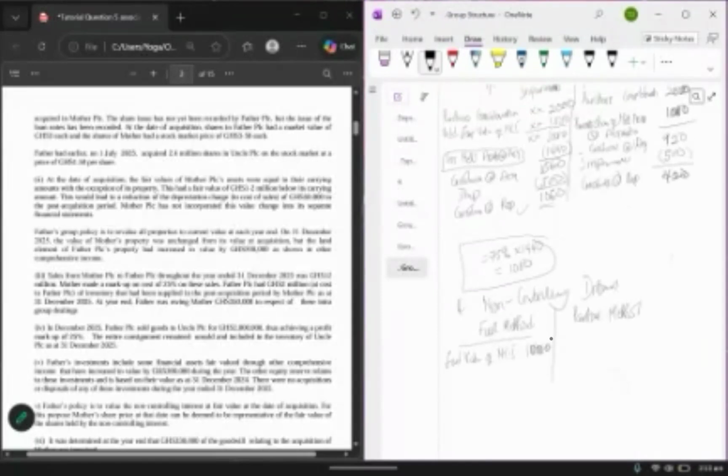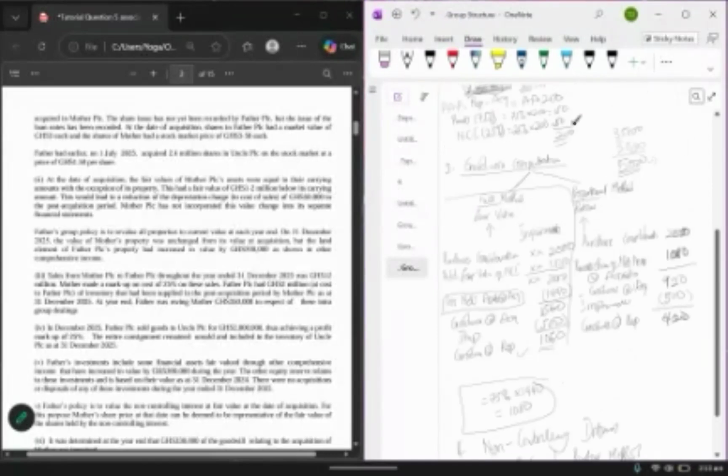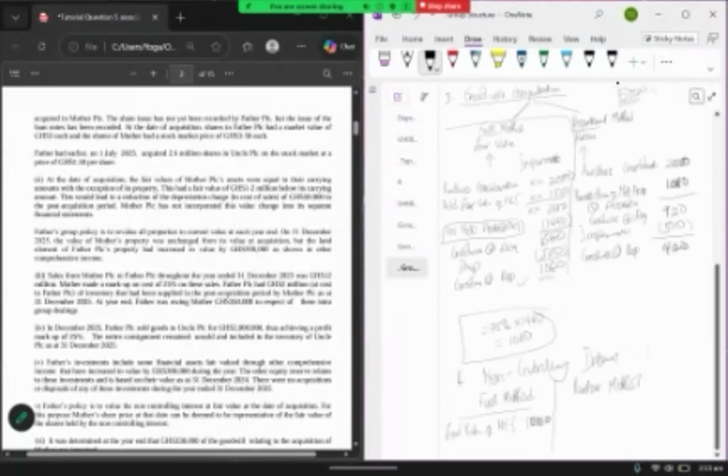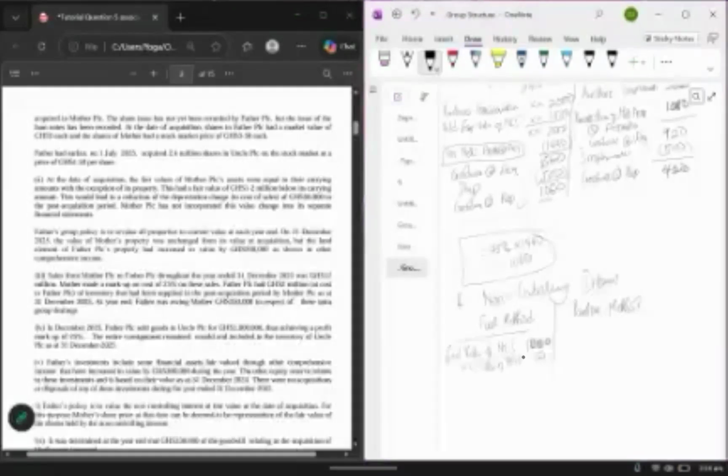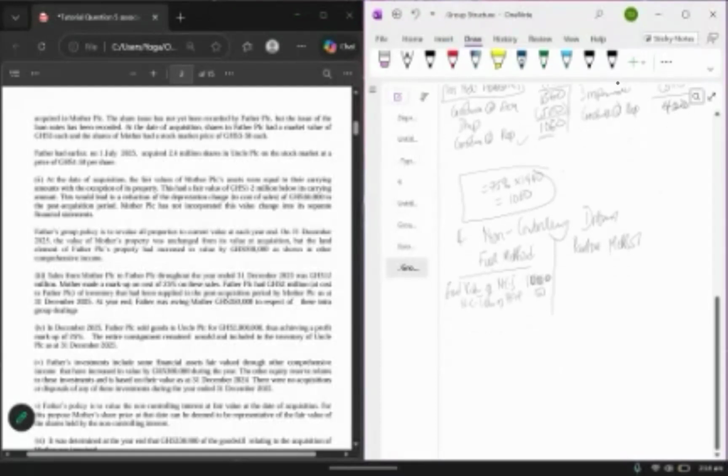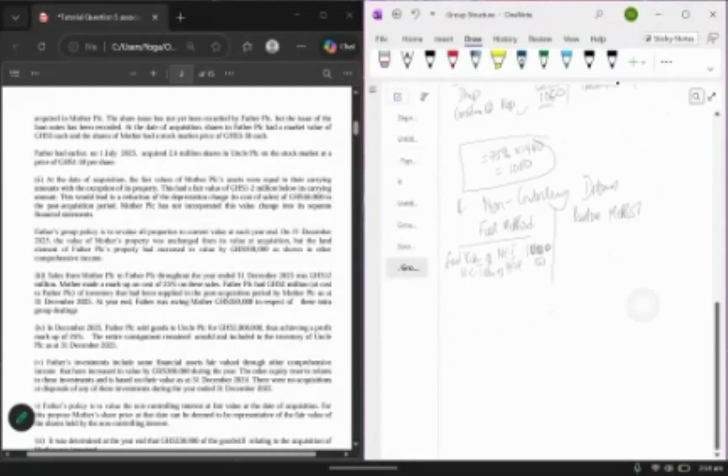Then you add the NCI portion of the post acquisition profit, the 50 here. You add it. And then because of the full method, we are saying that they are going to share the impairments.